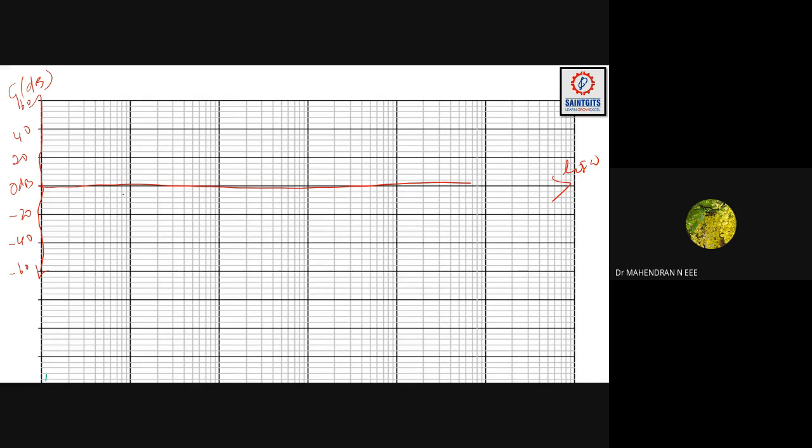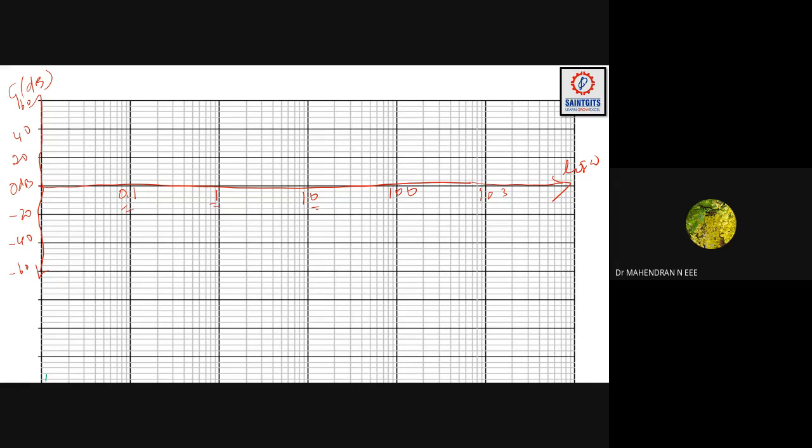Here I am marking 0.1, 1, 10, 100, and 10 power 3. Every frequency is multiplied by 10, and that's the reason the slope is called dB per decade. Right, so remember this point.